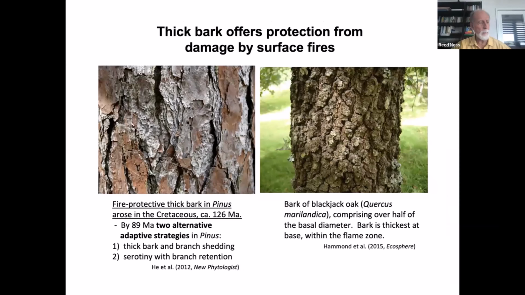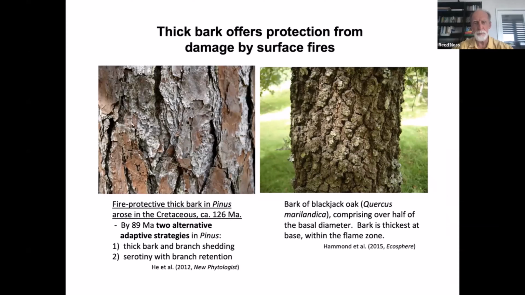One of the best known fire adaptations is thick bark. This is an ancient adaptation. Phylogenetic studies and fossil evidence show us that fire protective thick bark in pines arose in the Cretaceous about 126 million years ago. And then by 89 million years ago, already two alternative adaptive strategies had arisen in Pinus.